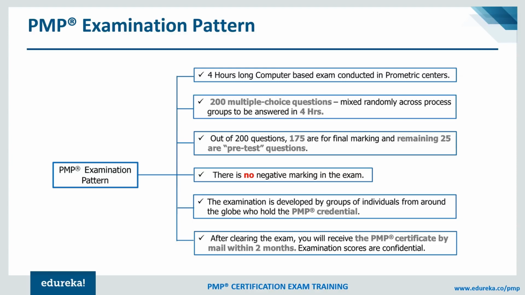Okay, and these 200 questions will be mixed randomly across the process groups. We'll talk about those process groups in a few slides, but there is no particular sequence in which you'll get the questions. They will be mixed randomly. Okay, and out of these 200 questions, 175 questions are for the final marking and 25 questions are pre-test questions.